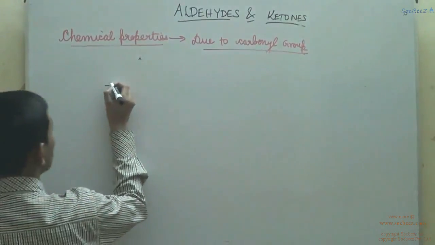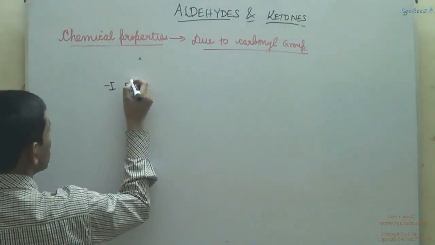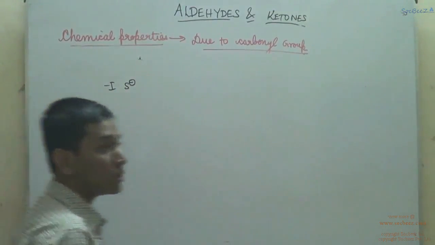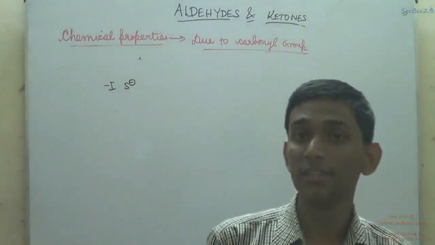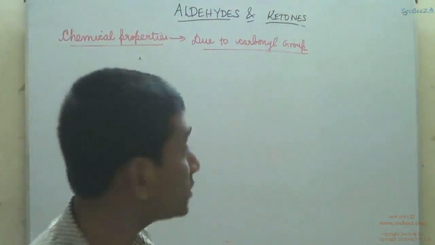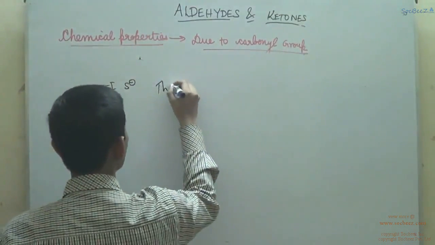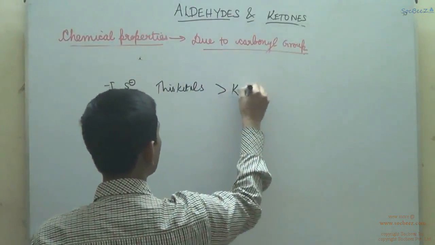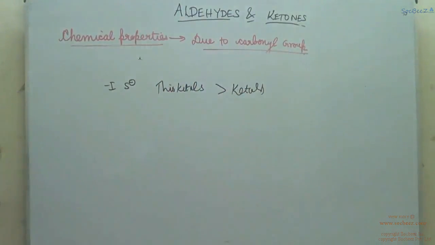Now remember, because of the decreasing -I effect of the S-, thiols, thioketones and thioacetals are much more stable. So thioketones and thioacetals are much more stable than the normal ketones and normal acetal because of the decreasing -I effect of the S-.